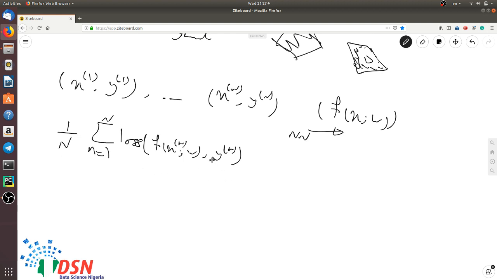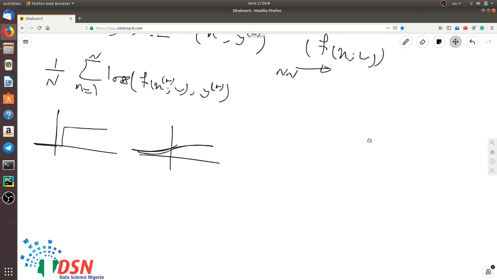Also, instead of threshold activation neurons, so instead of having something like this, we want differentiable activation functions like sigmoid or others, because we want to make the network differentiable to be able to take the gradient of the neural network function.